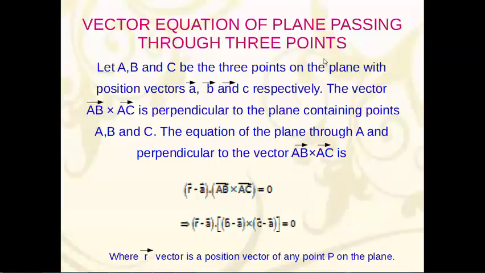That means (r minus a vector) dot (b minus a vector) cross (c minus a vector) equal to 0, where r vector is the position vector of any point on the plane.